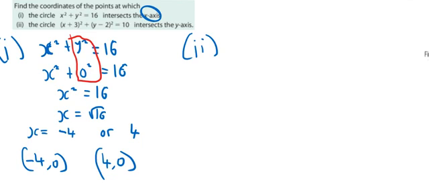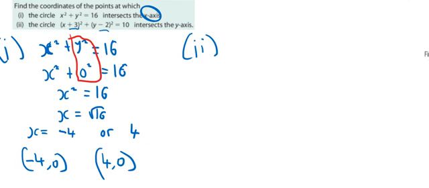So we're trying to find where that circle intersects the y-axis. Because we have a plus 3 and a minus 2, the center of that circle is -3, 2, and the square root of 10 is the radius. We should know that from before.